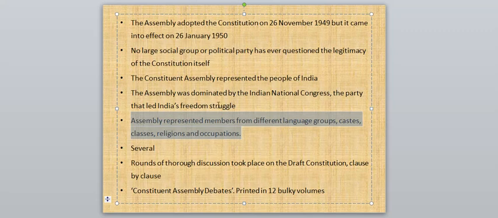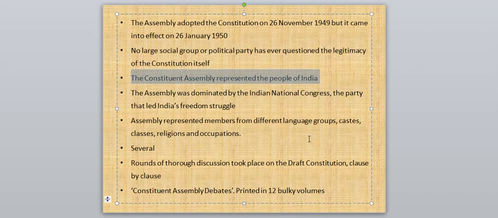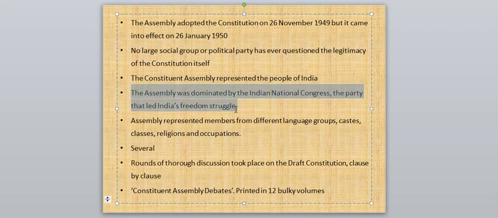So you can see that the Constituent Assembly did represent the people of India. Yes, some people still say that the assembly was dominated by the Indian National Congress, the party that led the Indian freedom struggle. Yes, that is true. But that party was the party which led the Indian struggle, so there were very high chances. We know that the Congress dominated Indian politics till 1965 and after that also.